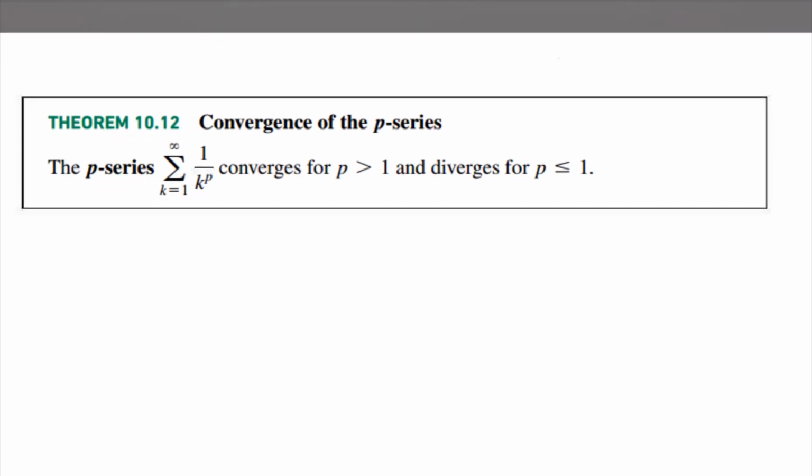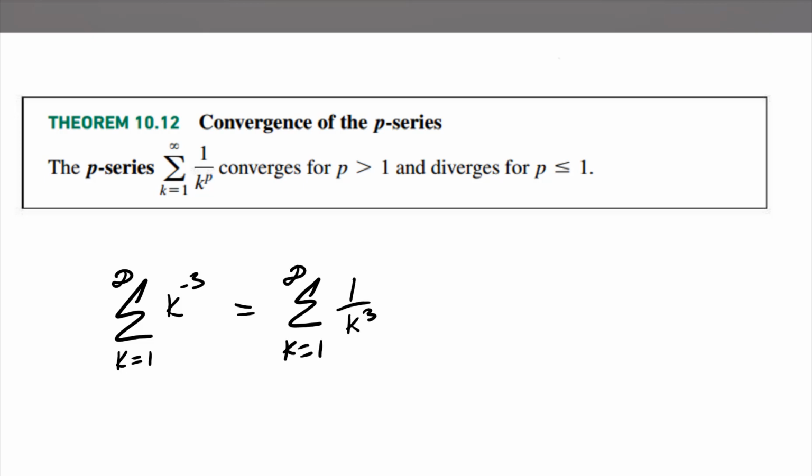No, let's check it out. See, this is just one of those, we basically just look at it. I ask you, the sum from k equals 1 to infinity of k to the negative third power. Does it converge or does it diverge? Well, that's not set up in the proper way. We want the k down below. So it's the sum from k equals 1 up to infinity of 1 over k cubed.